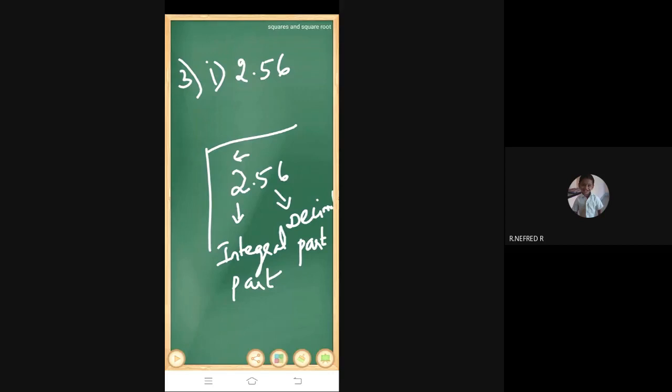Here only one number, so that number comes in one pair. But for the decimal part, you have to make an arrow from left to right. Left to right, two numbers. Arrow should be like this. Here only two numbers, so those two numbers form a pair. So for the decimal part, left to right. For the integral part, right to left.